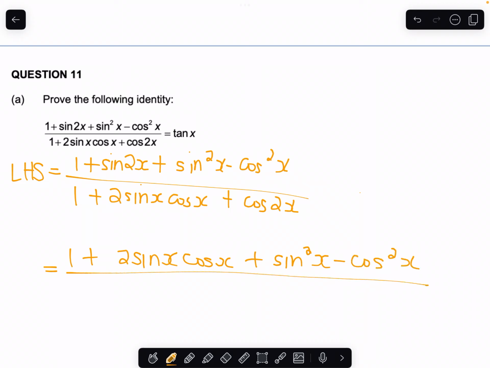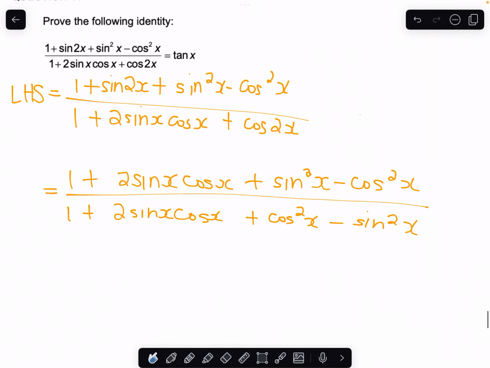And then down here we have a similar thing, and I'm going to write it as cos squared x minus sine squared x, just because that kind of looks like the top. Now we definitely want to cancel things out because we're ending up with one term over here. So it's giving factorising.